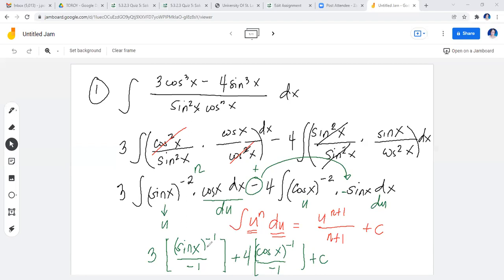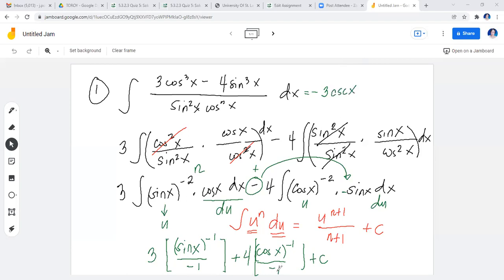How will you simplify this answer? Doesn't the negative 1 exponent tell you that this is 1 over sine, and this is 1 over cosine? Right? So your final answer should be, negative 3 times, what's the equivalent of 1 over sine x? That is cosecant x.